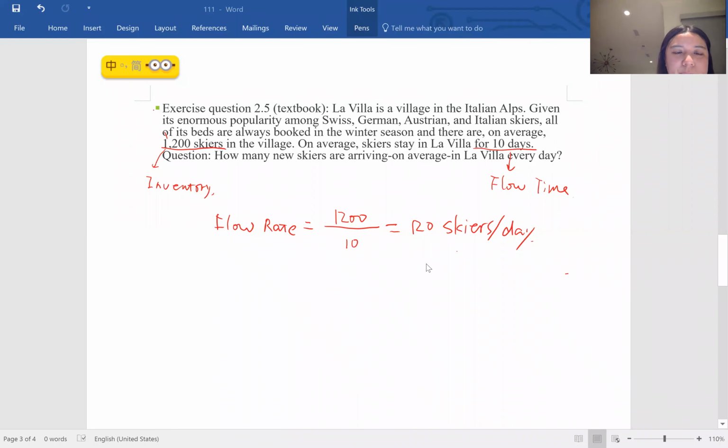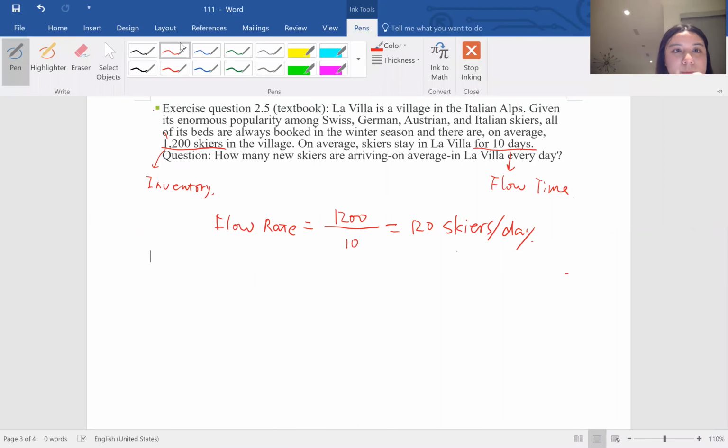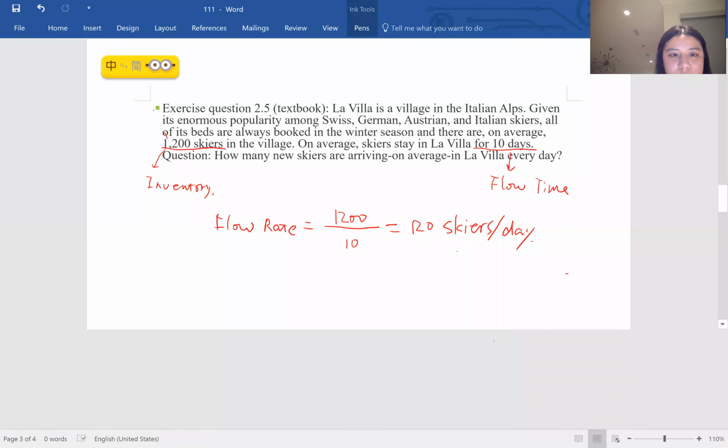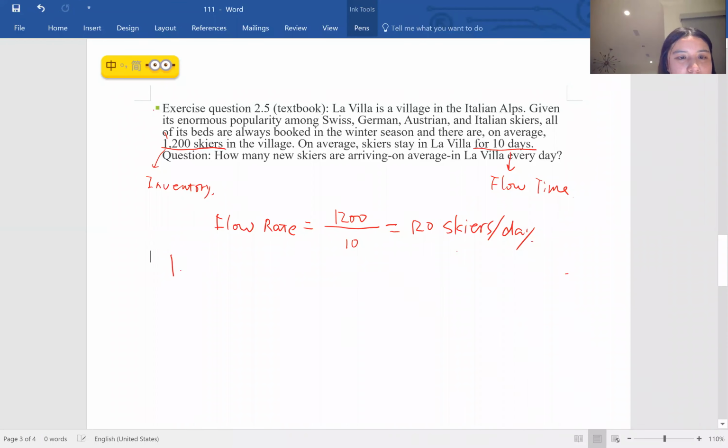Let's return to our previous one, and let me write the numbers. For the first day, the average cost is $50, and for the rest of the days, the average cost is $30.